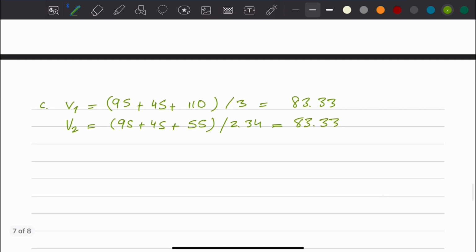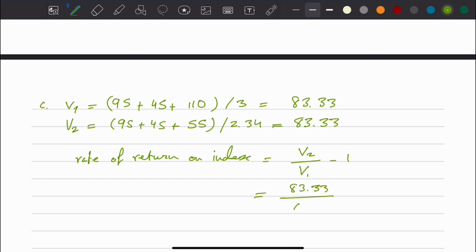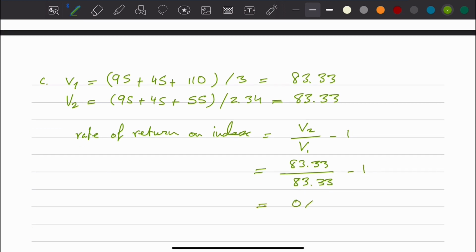Now to calculate the rate of return, let's write it down first. The rate of return on the index equals V2 over V1 minus 1, so 83.33 over 83.33 minus 1 equals 0%, because 83.33 over itself is 1, and 1 minus 1 gives us a 0% rate of return.